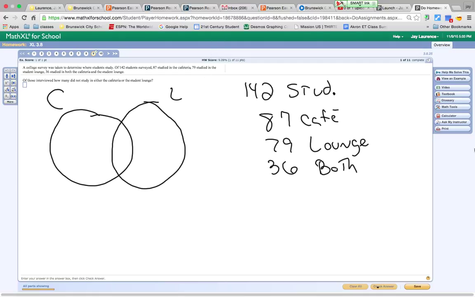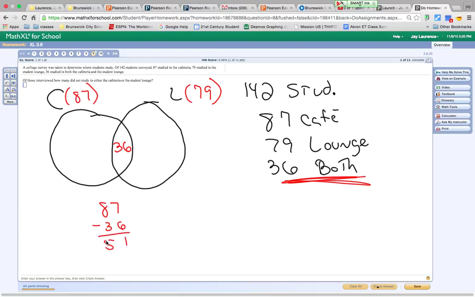Now, the first thing I notice is that 36 are in both. So I'm going to put a 36 in the section that encompasses both the cafeteria and the lounge. Now, I know the cafe total needs to be 87, and I know the lounge total needs to be 79. To figure out how many studied only in the cafe, I would do 87 minus 36, and it looks like I'm going to get 51.